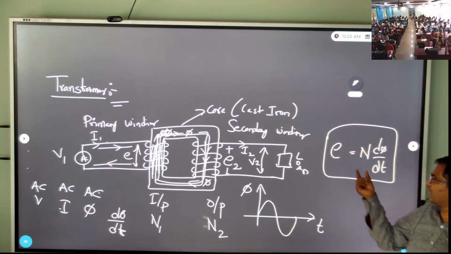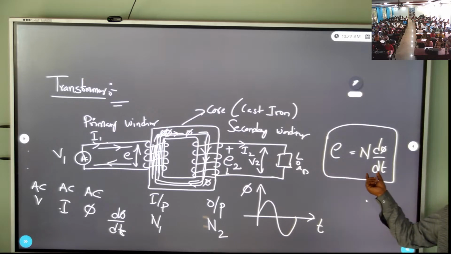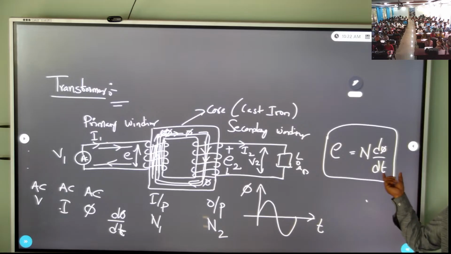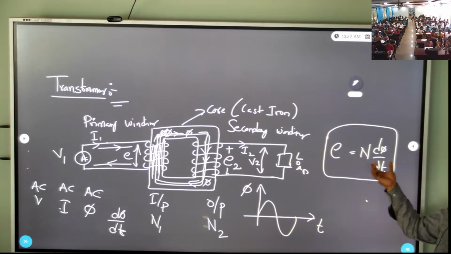The EMF induced in the circuit is equal to the number of turns into the alternating flux rate. This is the basic formula of the transformer, or you can say the principle. What is the principle? The principle of Faraday's laws of electromagnetic induction, that is mutual induction, formula E is equal to N d phi by dt.